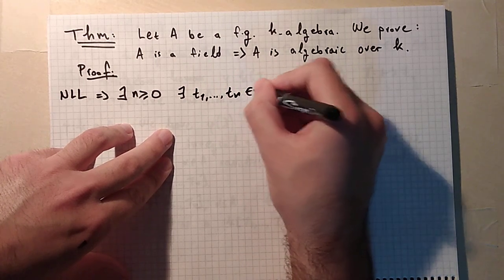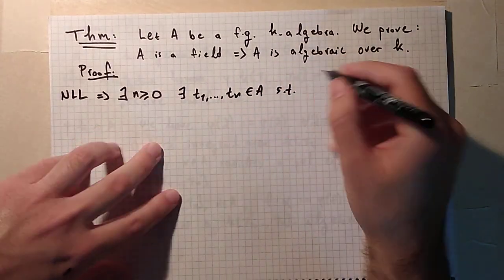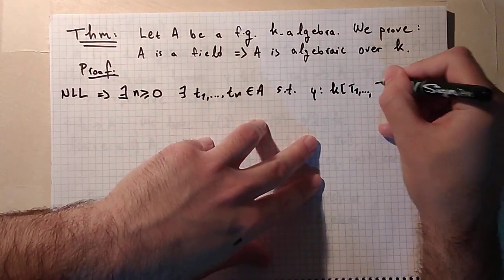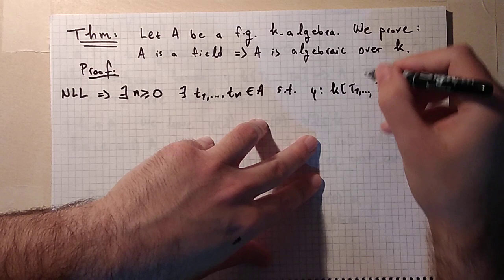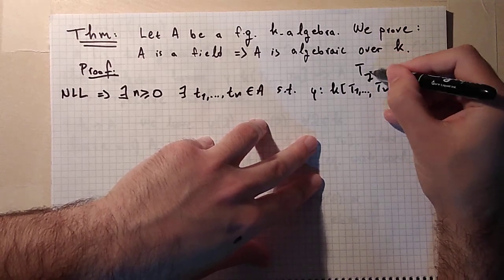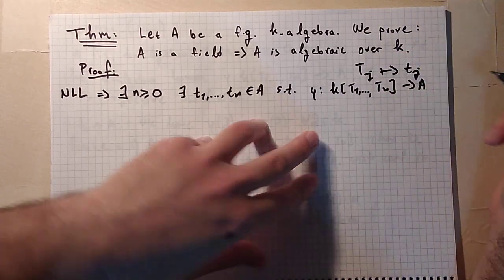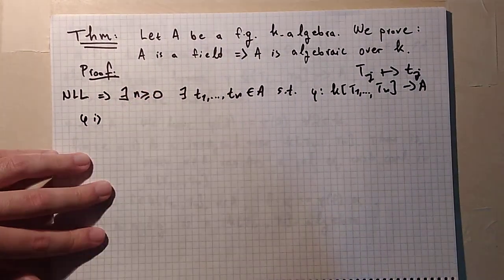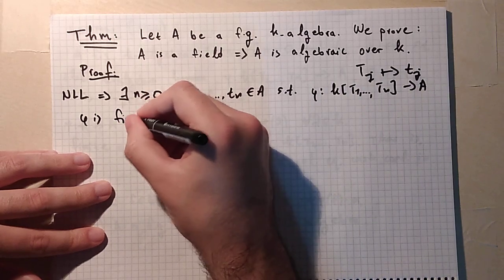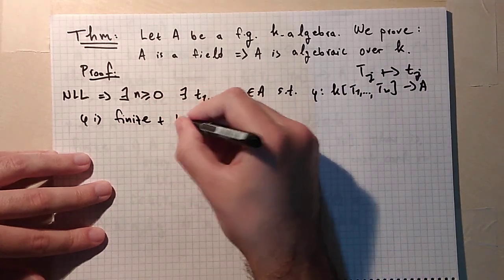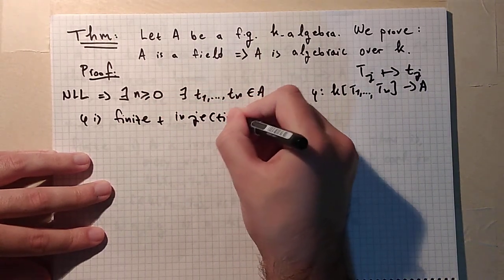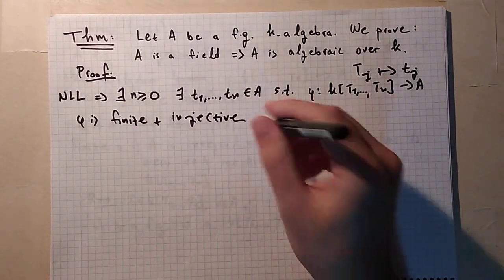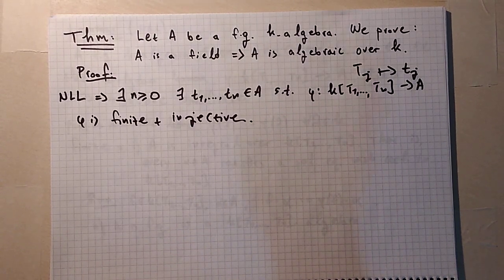And some elements t1, ..., tn in A, such that we have a K algebra homomorphism phi going from this polynomial ring K[T1, ..., Tn] to A, and this map sends Tj to small tj, and phi is two things: finite and injective, right? So this is what Noether's lemma says.